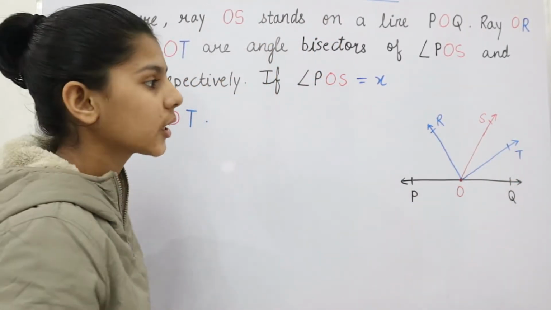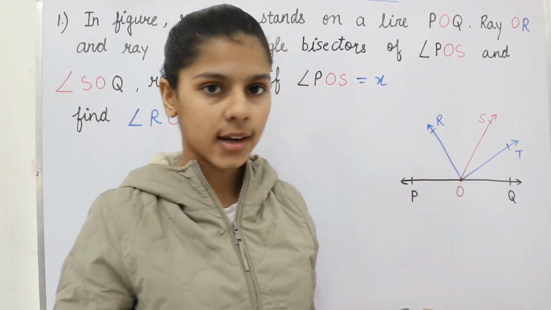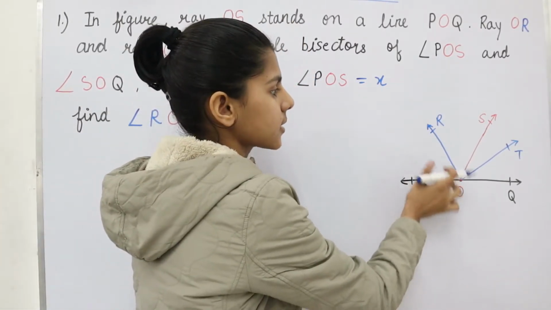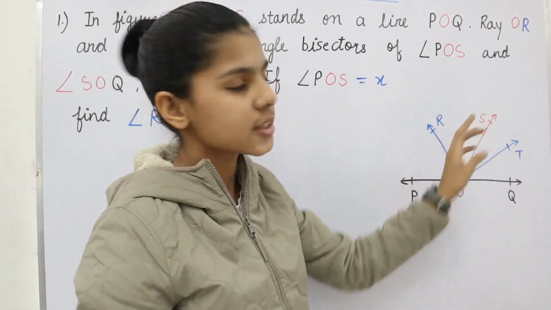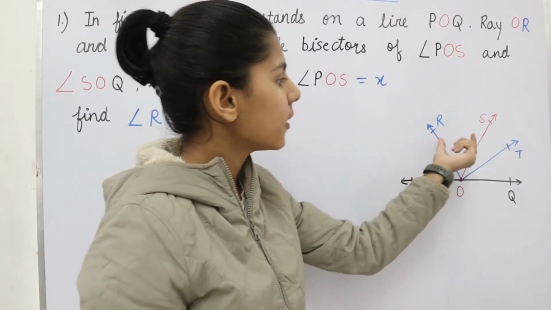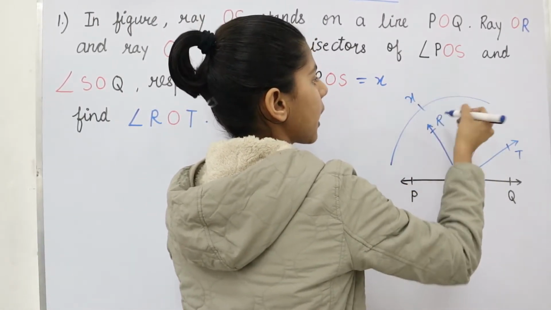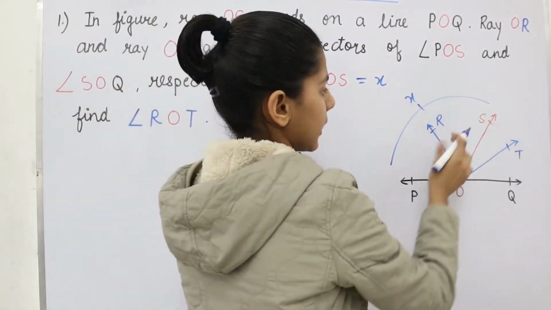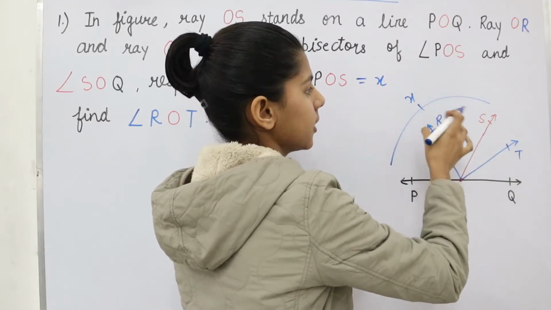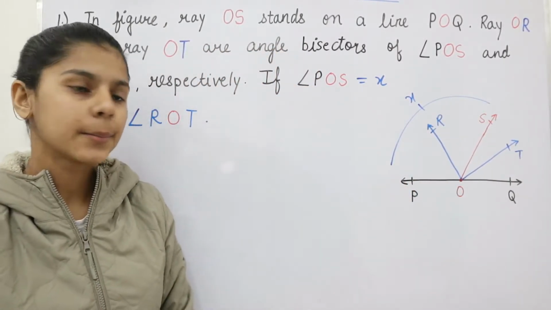Now we are aware that ray OR is the angle bisector, which means this ray is dividing POS into two equal parts, and POS is equal to X. So if this complete angle is X, what will be the half of it? X divided by 2.